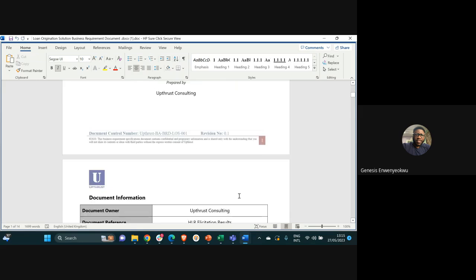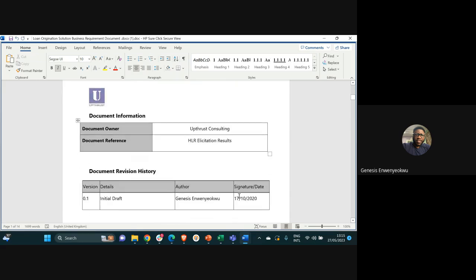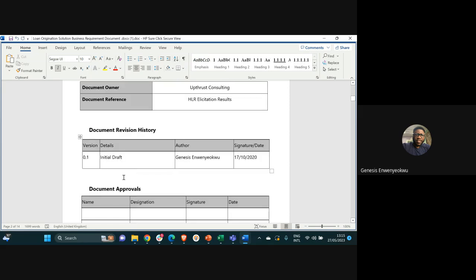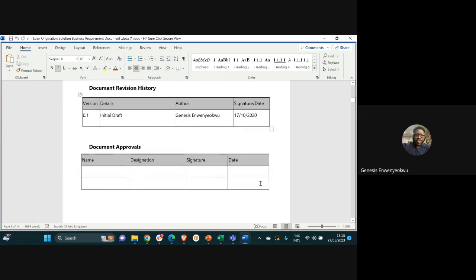Then we have the document information section where you talk about the owner of the document, the reference material, the document revision history, the current version, what the detail of the current version is, who authored it, and probably the signature and date of that current version. Then we have the document approval.